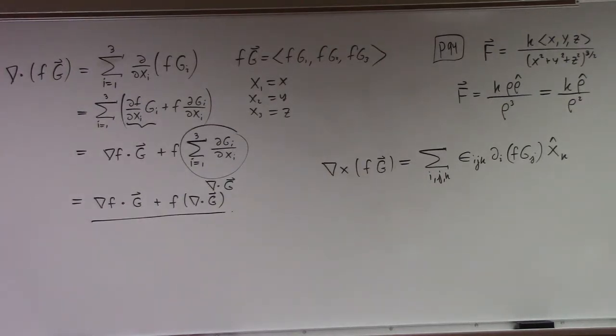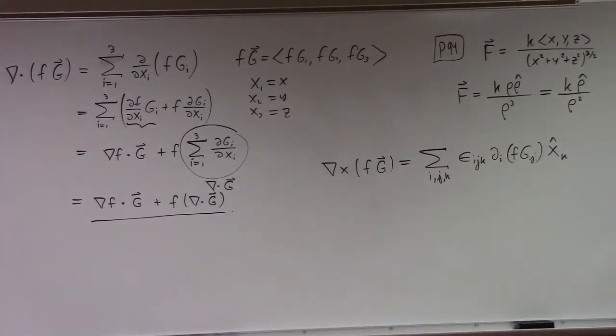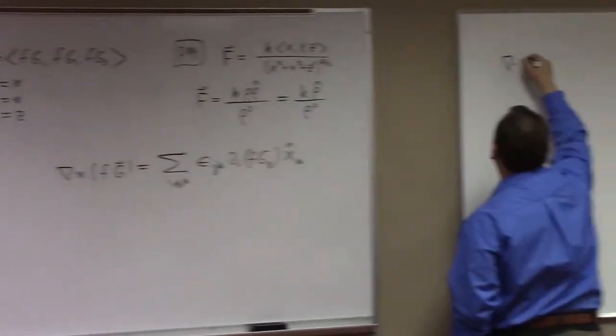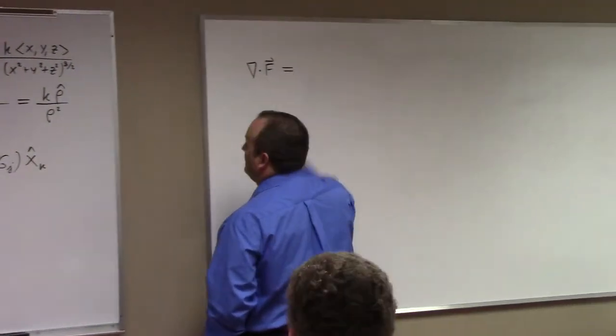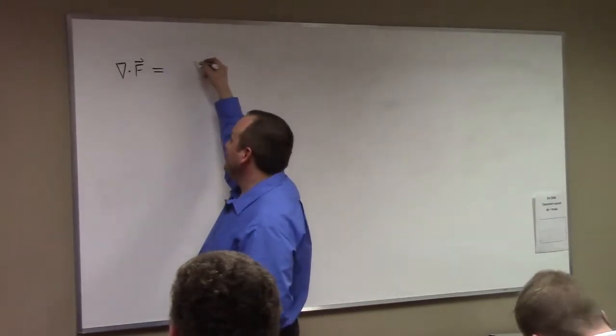Which is far from intuitive. I'll spoil the answer. This is actually the same stupid question in 3 dimensions that I made problem 1 on the daily quiz yesterday. It's messed up. But if you calculate the divergence of F, you know what you're going to get? For this one, you work it out, you will get a big fat 0.